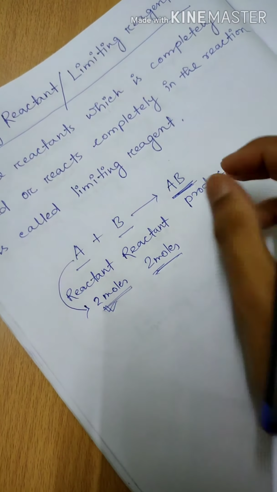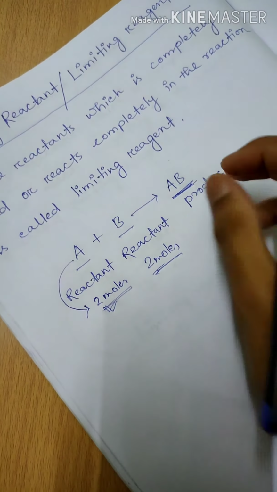Again you see, for reactant B only 1 mole is used, means 1 mole remains unreacted, means the reactant B is not consumed completely in this case. So in this case the reactant B will be called excess reactant, because here 1 mole remains unreacted.